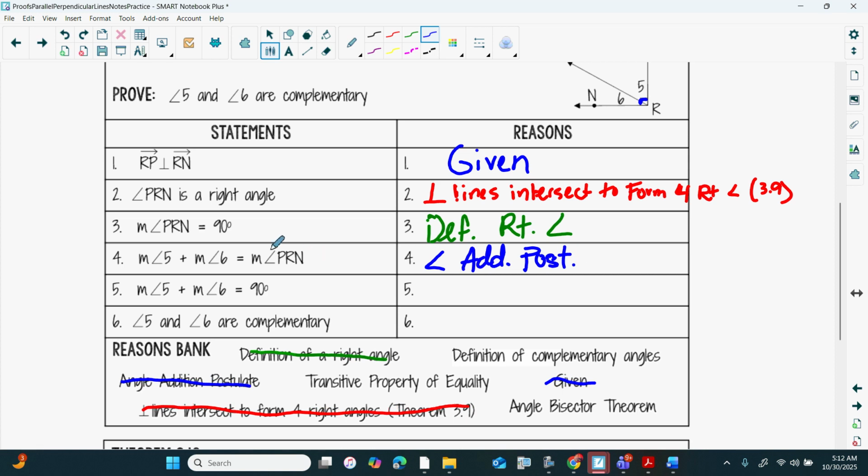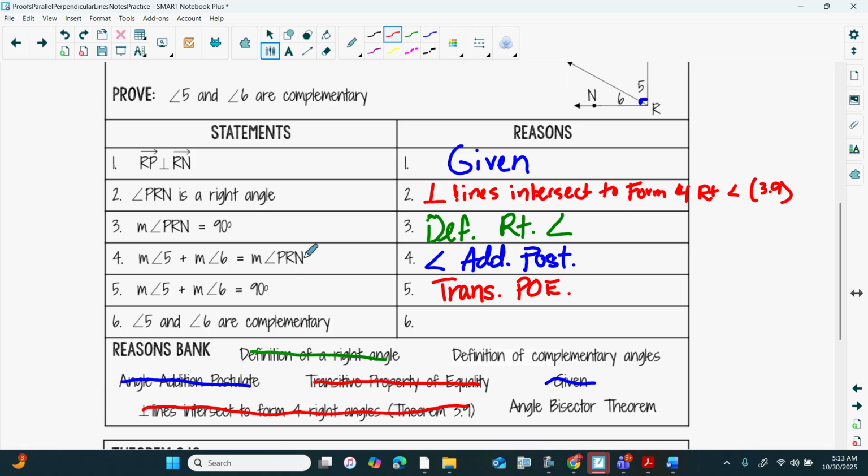Okay. So we know that PRN is 90 degrees right here. And so I'm now going from 3, 4 to make up that 5, and hopefully you see the thing they have in common, the name PRN. So I can substitute that with that measure, 90, and we are using right here the transitive property of equality. Now, some people say substitution. It's the same thing, I'm fine with that.